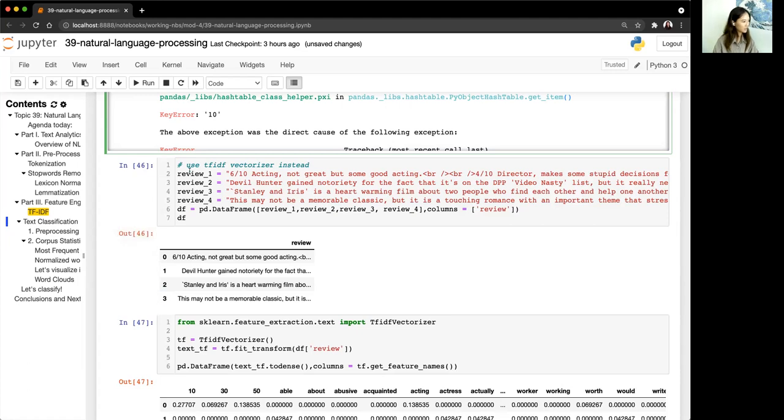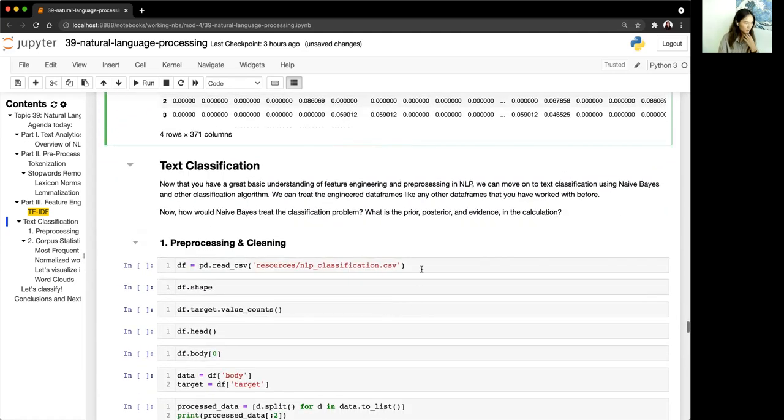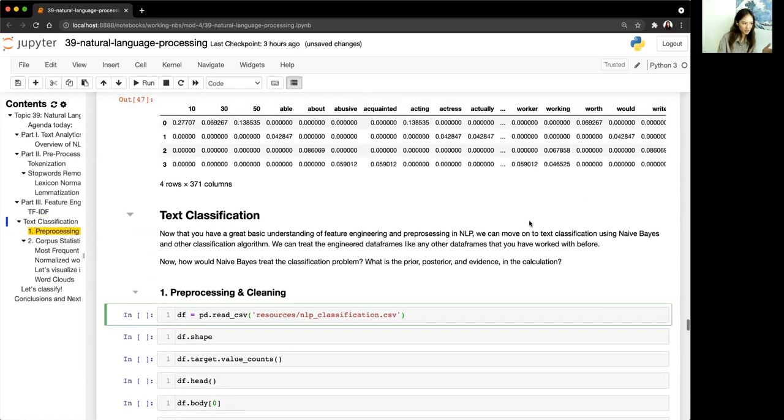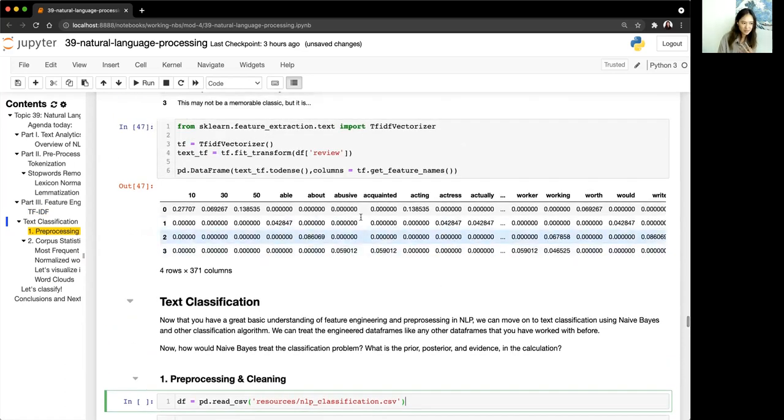All right, so now that we have this format, either from Count Vectorizer or Tfidf Vectorizer, we can pretty much already feed it into our model. We're going to go through a text classification process, but all of the steps that we've talked about up to this point are pretty much all you need to know to do a bag of words text classification model, because this is the data frame that you can then plug into your models.